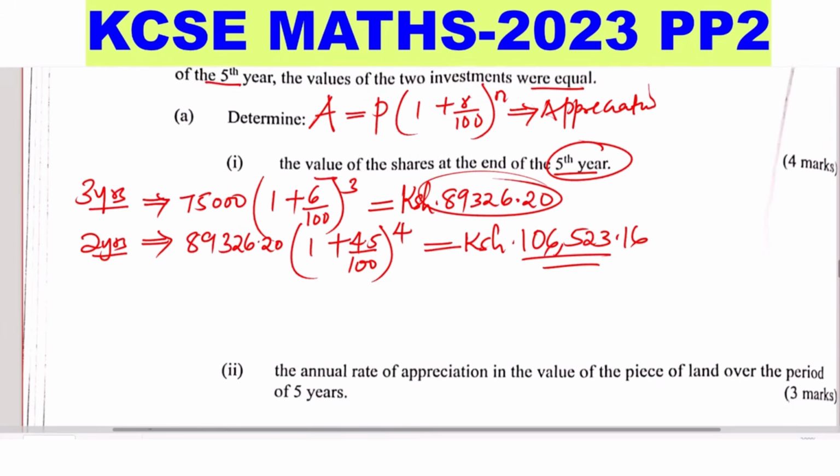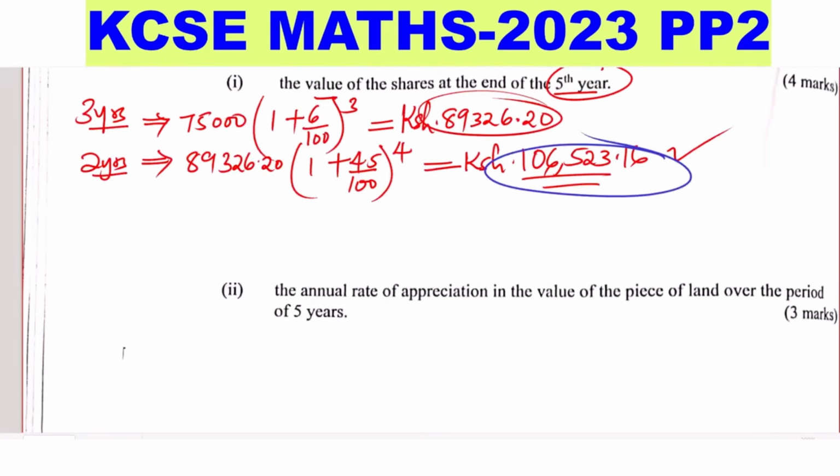So you're done with that. Let's go to the second part: the annual rate of appreciation in the value of the land over the period of 5 years. For the land, we know the principal, the same amount was invested, 75,000, and the period is 5 years, so we don't know the rate.